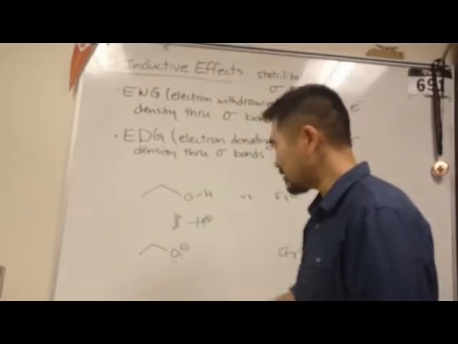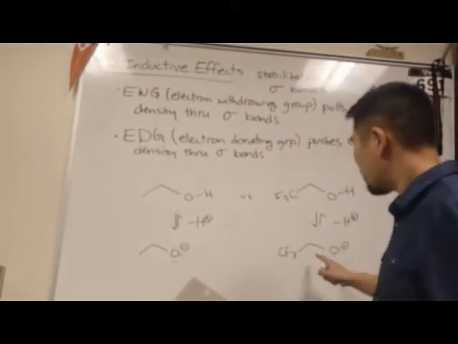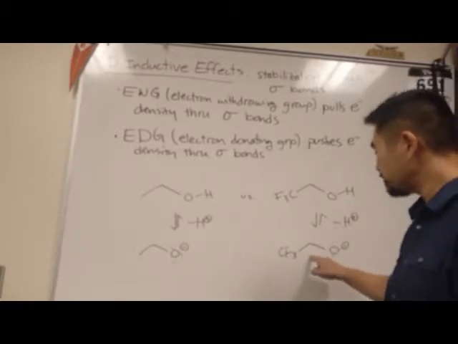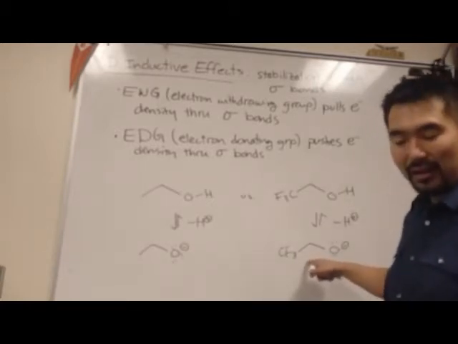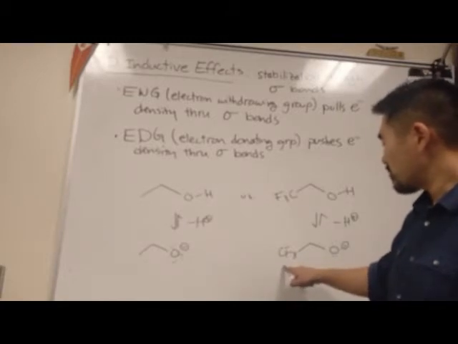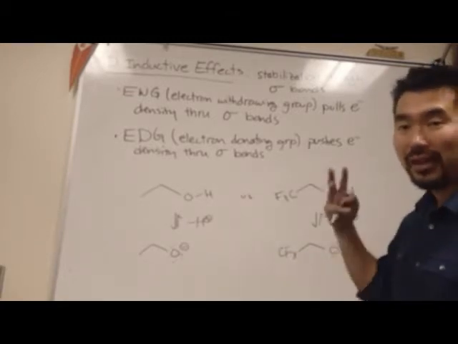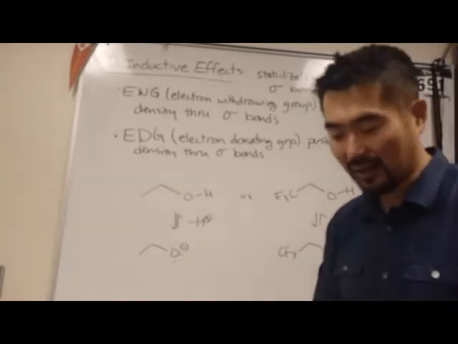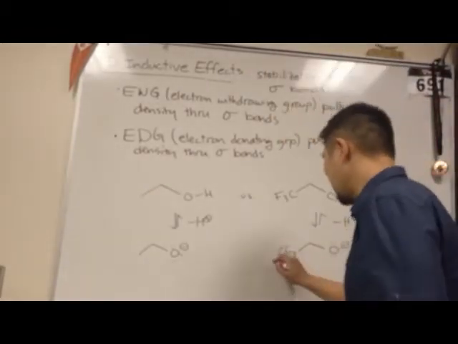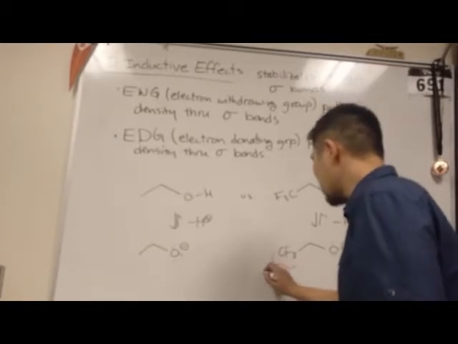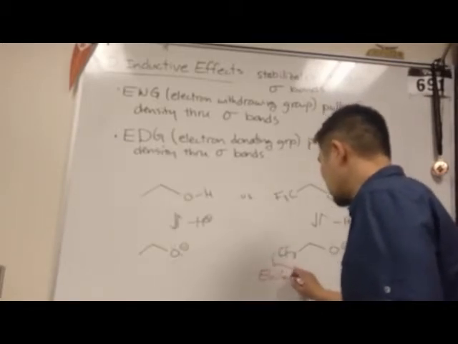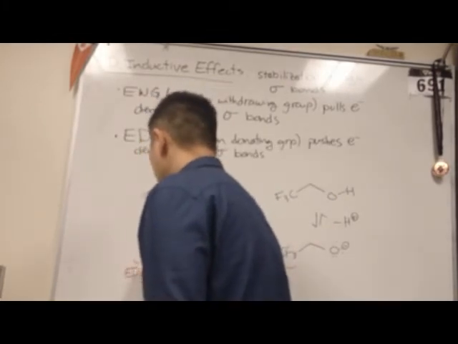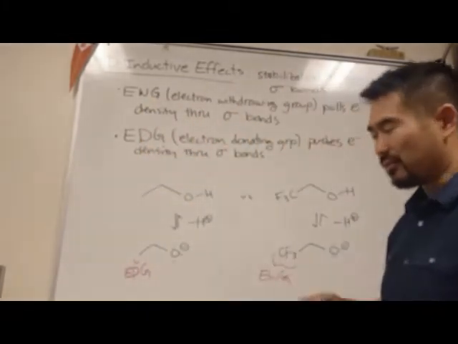Whereas in the trifluoroethoxide conjugate base, this carbon has 3 of the most electronegative atoms in the periodic table, so this is an electron withdrawing group. This, you could say, is an electron donating group. I mean, it's not a very strong one.